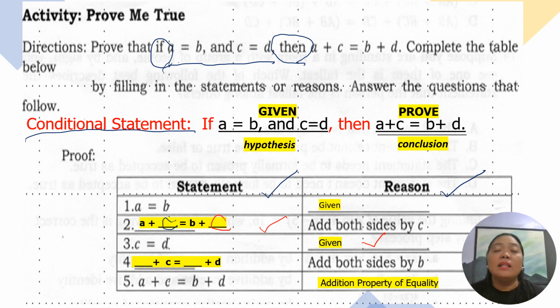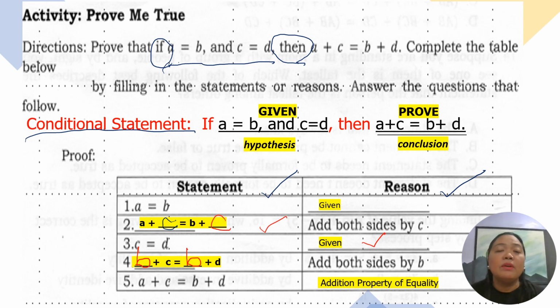But take note that in the reason column, there is a valid reason, and that is to add both sides by B. This time around, in statement number 3, we need to add both sides by B. So, shall we write B plus C is equal to B plus D. All we did was add both sides by B. From statement number 3, C equals D, we added both sides by B. Therefore, we now have a new statement, B plus C is equal to B plus D.